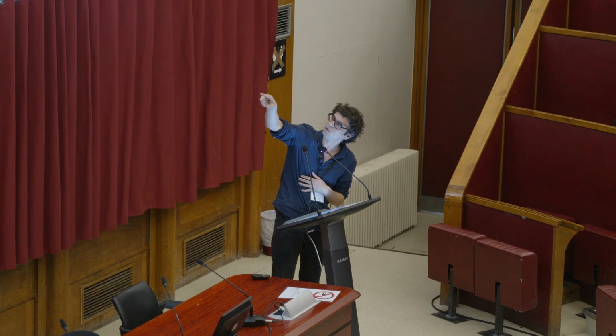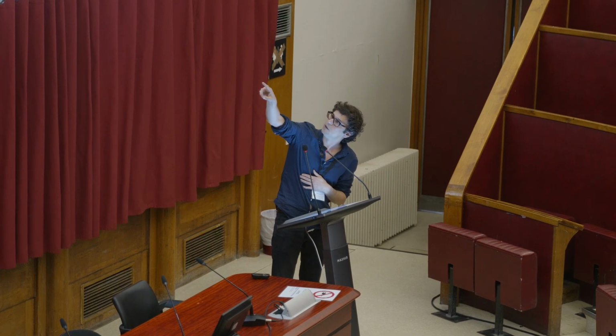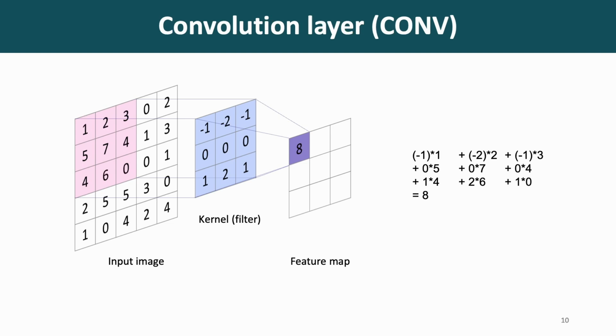So the first number that is missing is 1 times -1, plus 2 times -2, and the numbers add up to 8. So instead of having a 3 by 3 grid of numbers, you just have one number. So you're reducing the size of the vector.